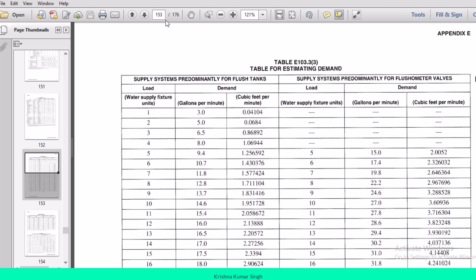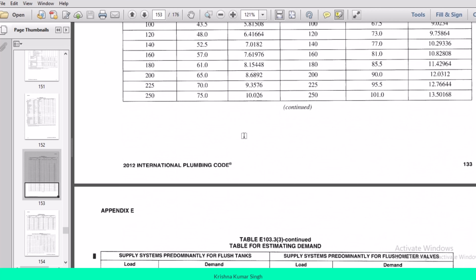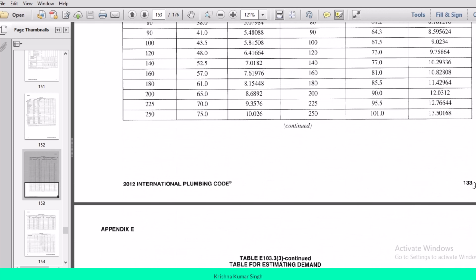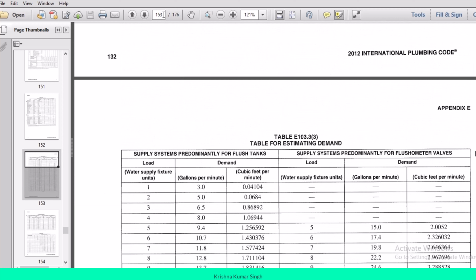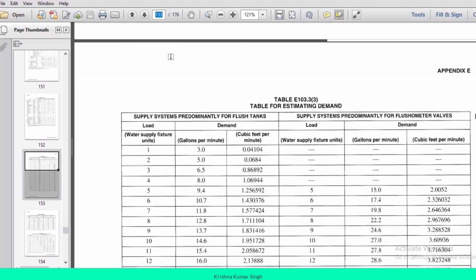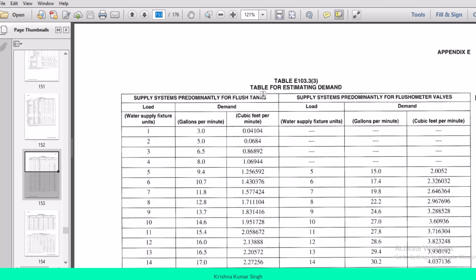Remember, this is table E, from Appendix E, PDF page 153. And if you want to find the page number of the booklet, it is 133. It is convenient to just write down 153 and you will reach over here.